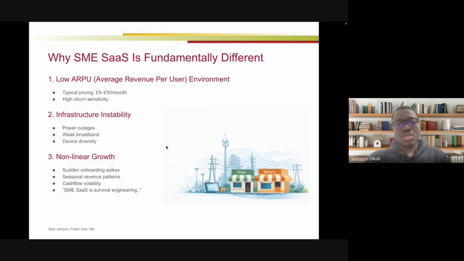Also, the growth is not always linear, in the sense that you might just have a spike of users within a certain period, maybe due to some festive or seasonal patterns that require your app. You can just see sudden surges or spikes in activities, and then the cash flow volatility as well.